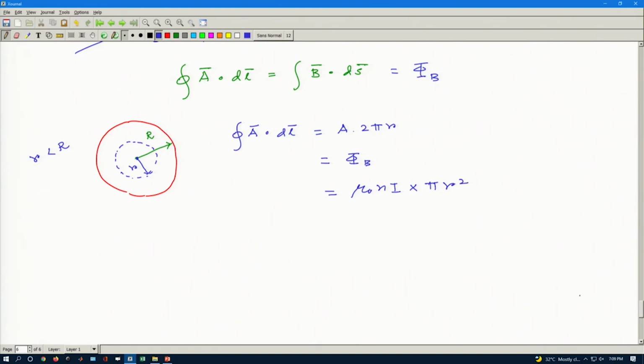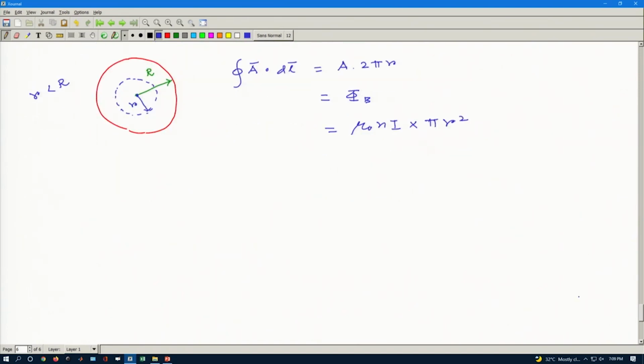So, from here I can find out the value of A very easily. The value of A is simply half of mu 0 N I and then r. That is the value of the magnetic vector potential.